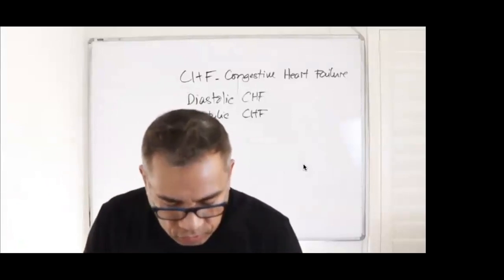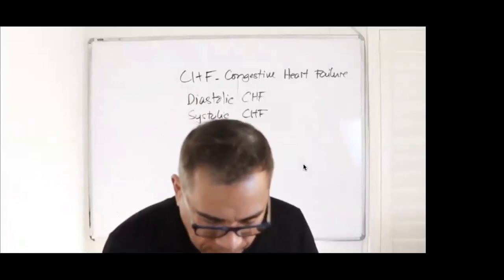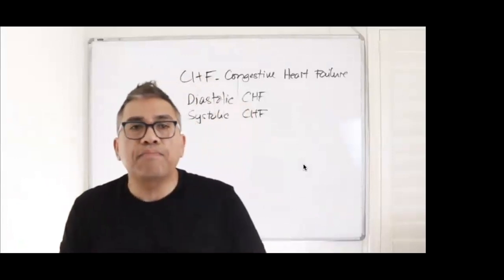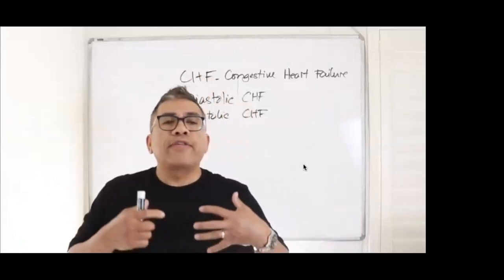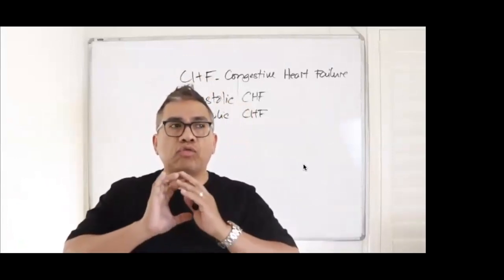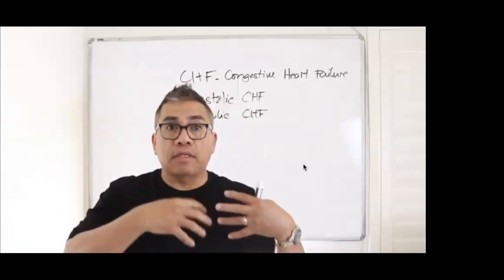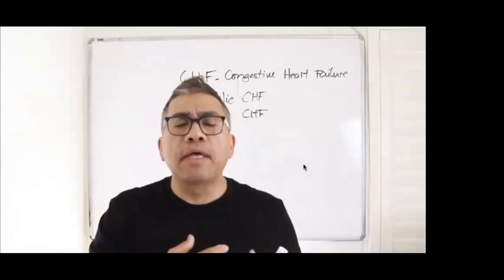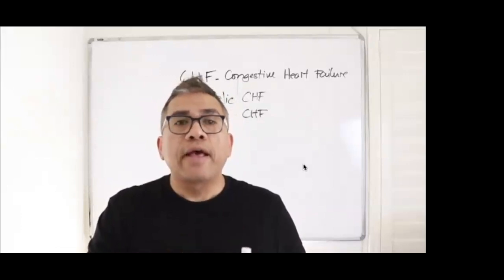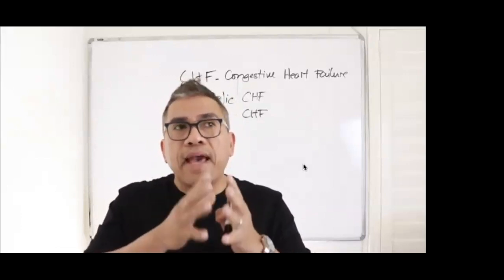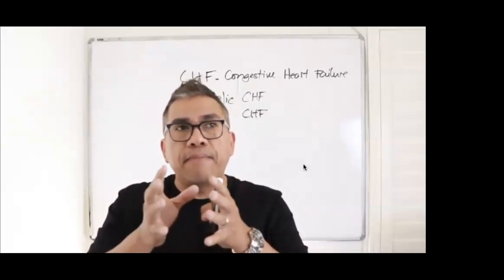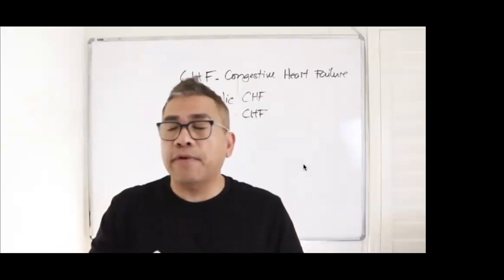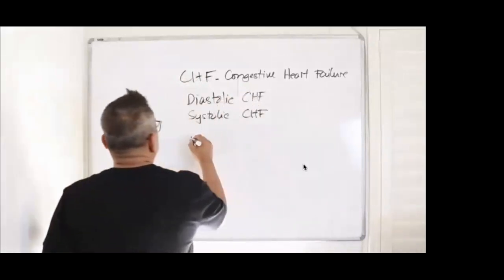Nowadays, doctors use a more specific description of heart failure based on the heart's capacity to eject the oxygenated blood from the left ventricle, measured by what we call the ejection fraction. Let me write it down, guys.